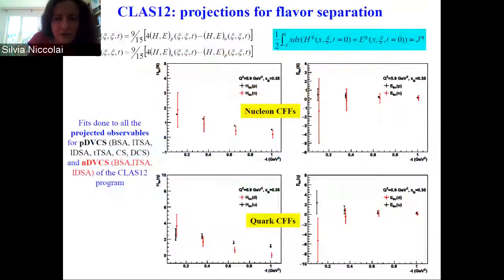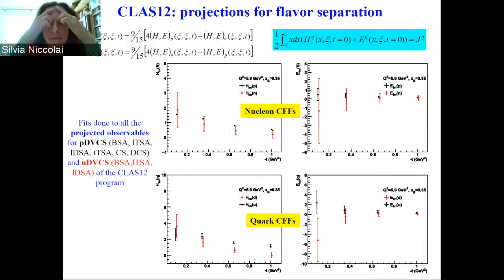And just to give you an idea of what we could achieve if we manage to complete the whole GPD program on the proton, which includes many of the things that Maxime mentioned in his presentation, and the planned NDVCS program.